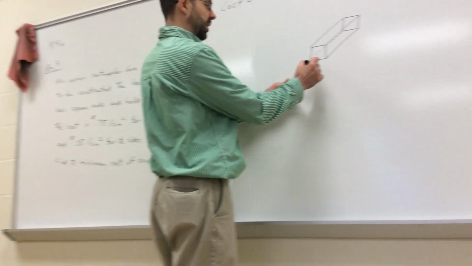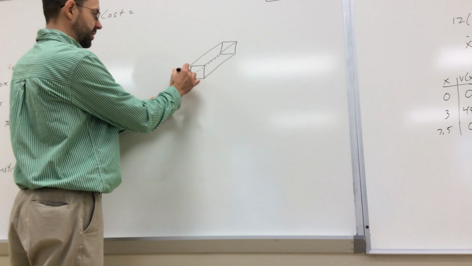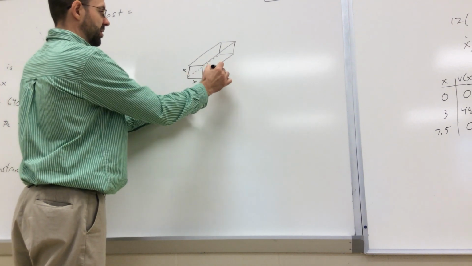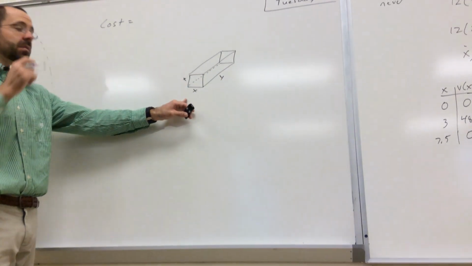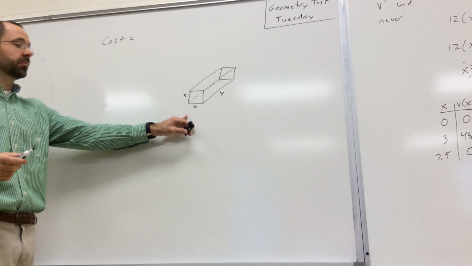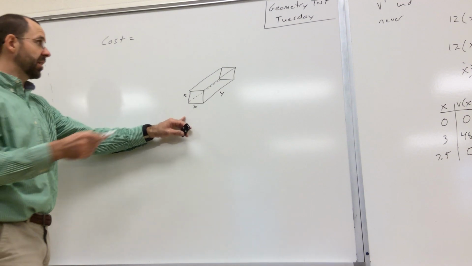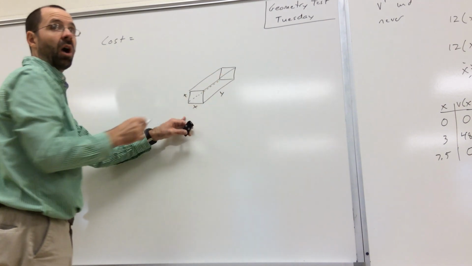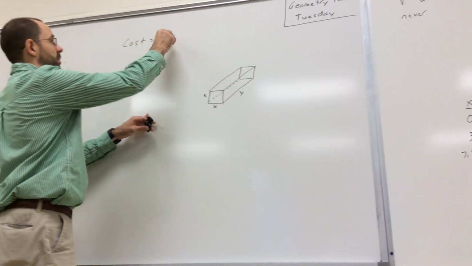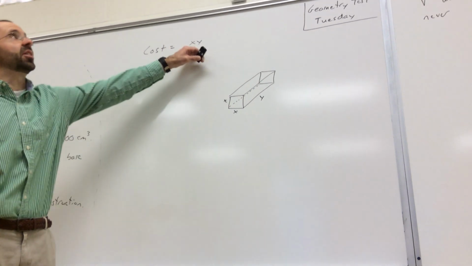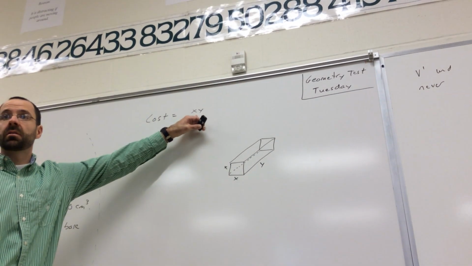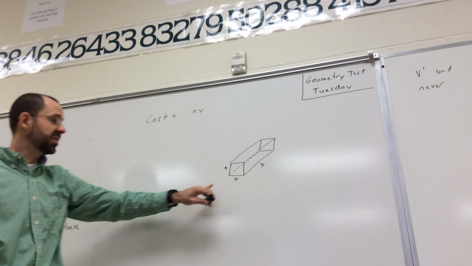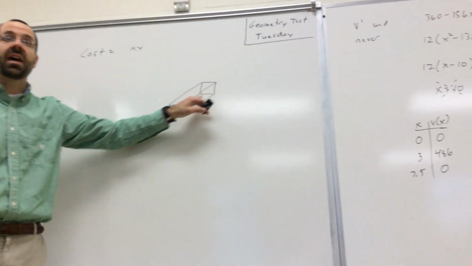Okay, so let's call this length X for the square and this length Y. So then on the bottom, the number of square centimeters is X times Y. That's the area of the bottom. For example, let's say this was 5 and this was 10.